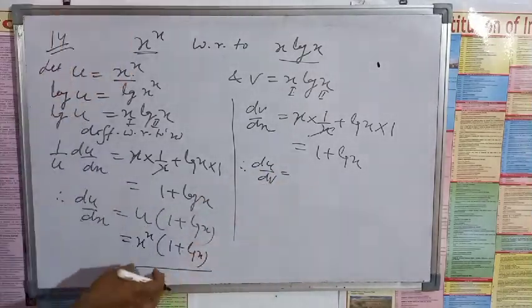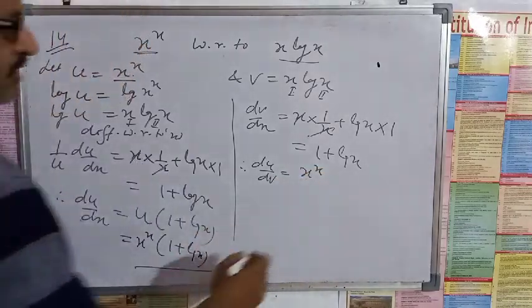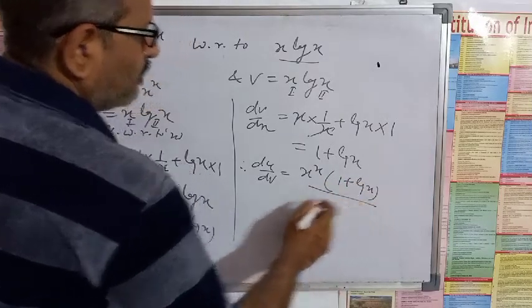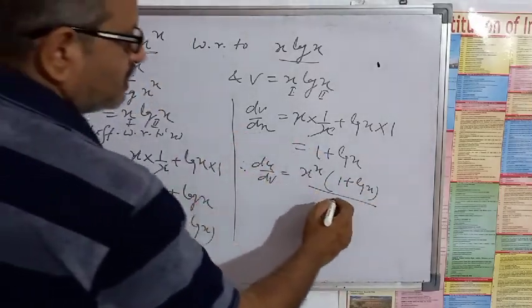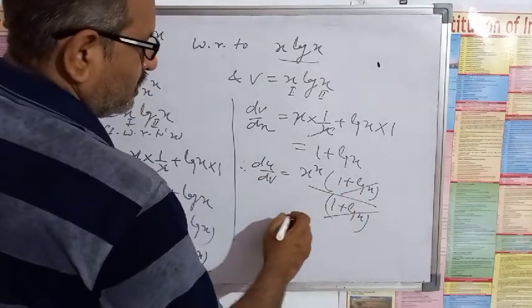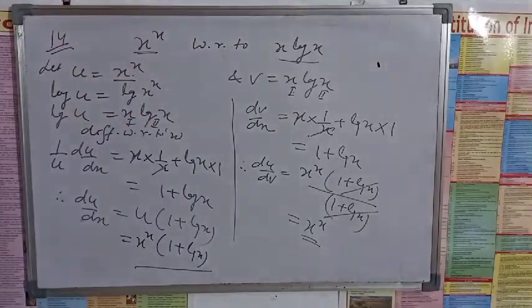So du by dv is x to the power x times (1 plus log x) whole upon dv by dx, which is 1 plus log x. This part cancels. So it is coming x to the power x. So question number 14, answer is x to the power x.